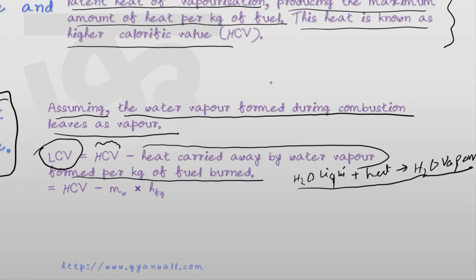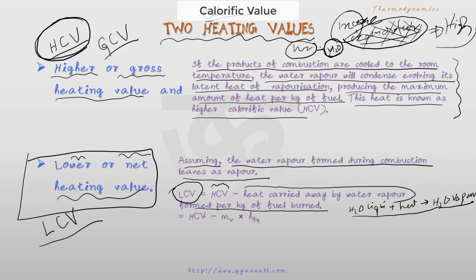This is like expenditure, and that is why the lower calorific value is less. This is like net income. So it is the higher calorific value minus the heat carried away. How much heat is carried away? What is hfg? You already know what hfg is: the latent heat of vaporization.